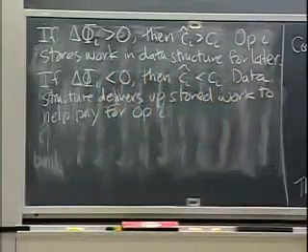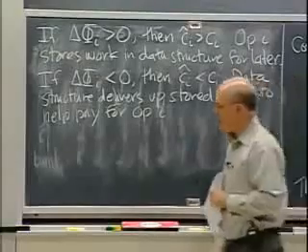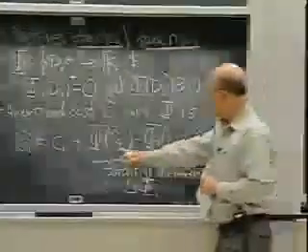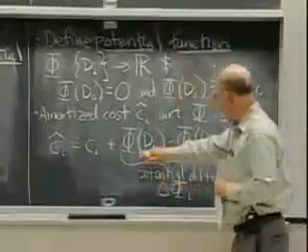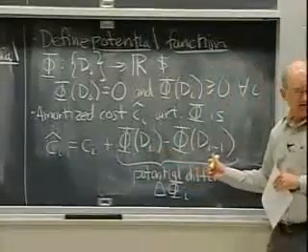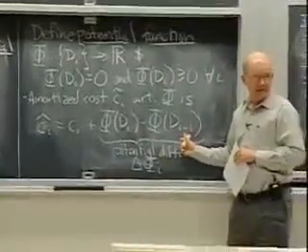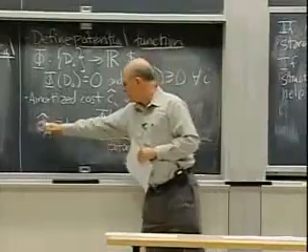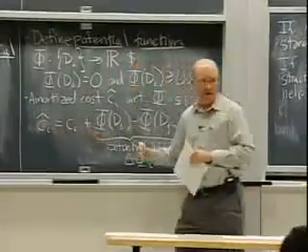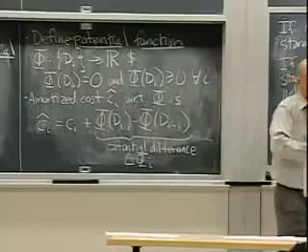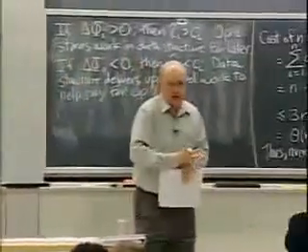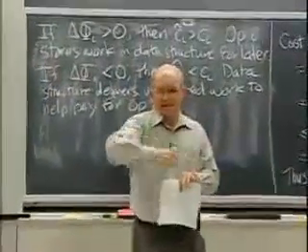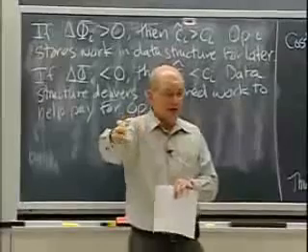Okay, for operation i. So if it's less than 0, that means my change in potential, my bank account, went down as a result. And so what happened was the data structure provided work to be done, because the true cost was bigger than the amortized cost.